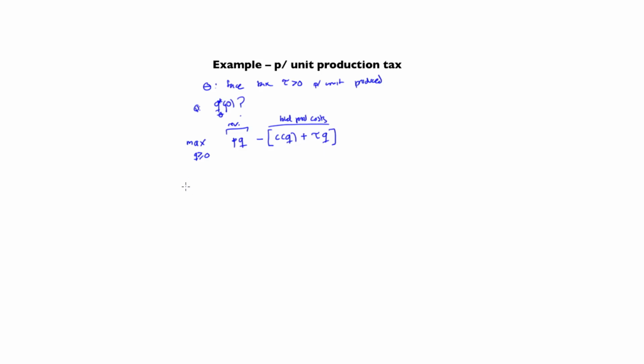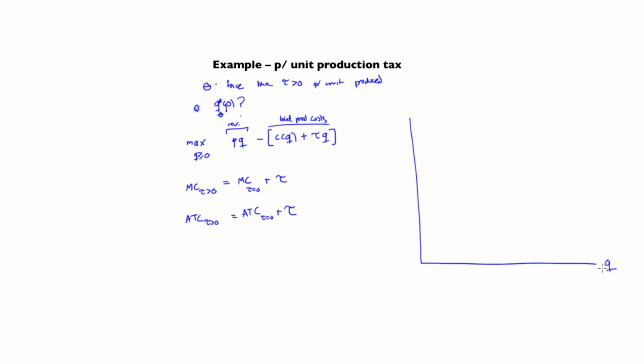Let's say that the marginal cost with theta greater than 0 is basically the marginal cost when there is no tax plus tau. And the average total cost curve when the tax is there should be obvious to you that is equal to the average total cost curve when there is no tax plus tau. So let's see what has happened when the tax was introduced with respect to the case in which there was no tax.